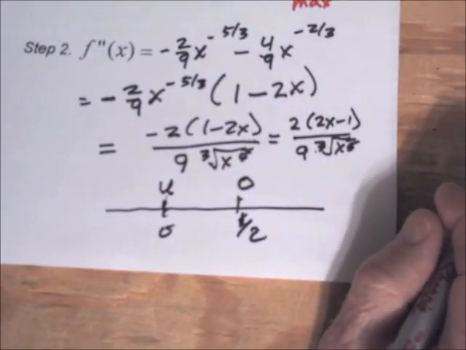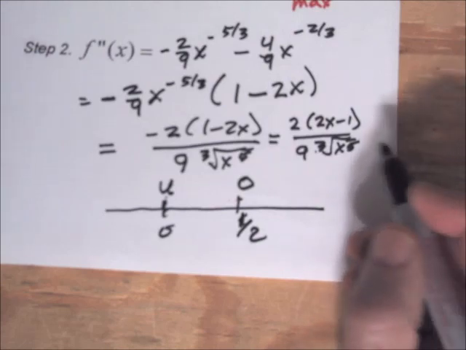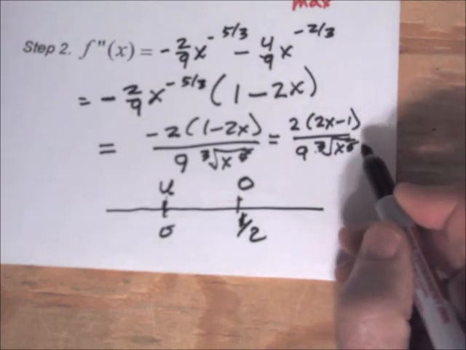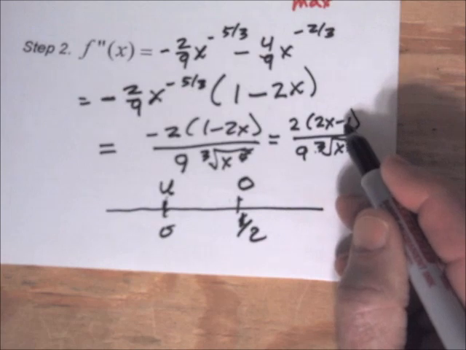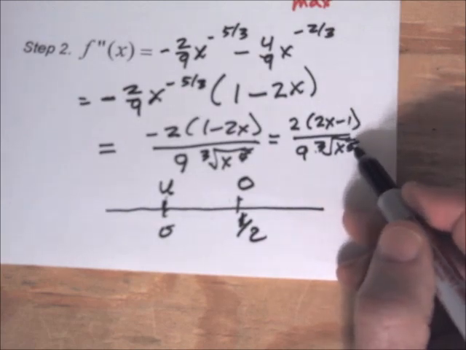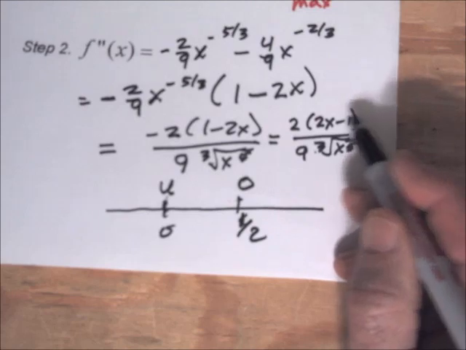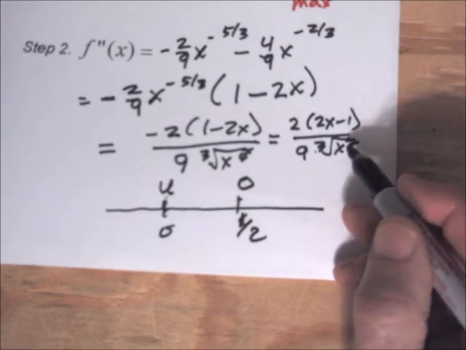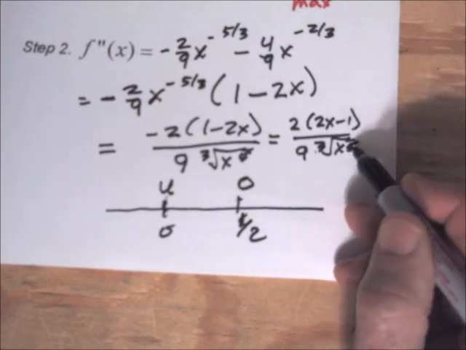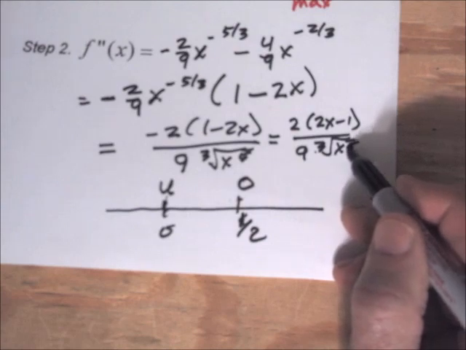And if x is less than 0, for example, if x is negative 1, we're going to have a negative numerator and a negative denominator, because we have 2 times negative 1 is negative, minus 1 is negative. And then the denominator is going to be, a negative number to an odd power is going to be negative.